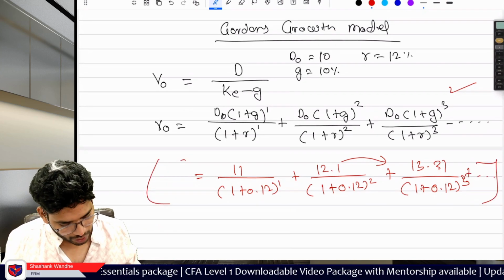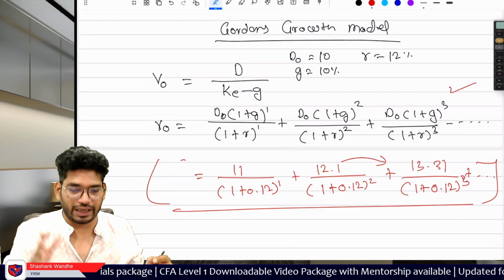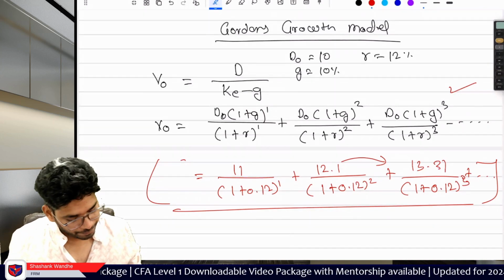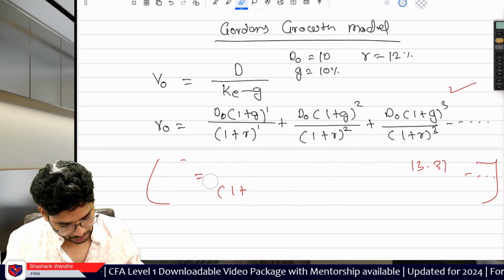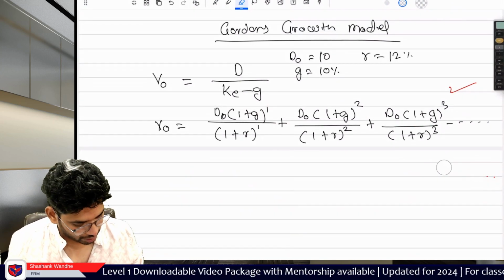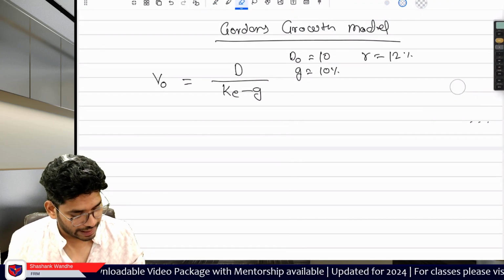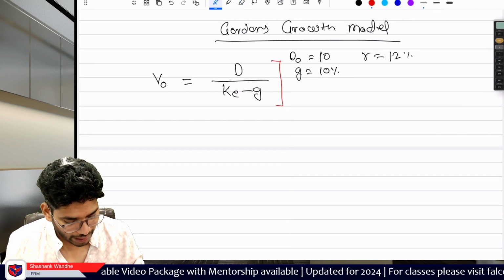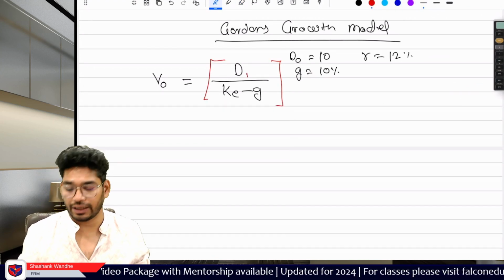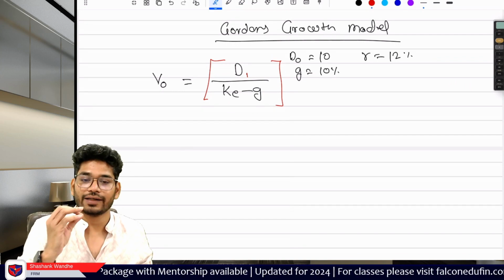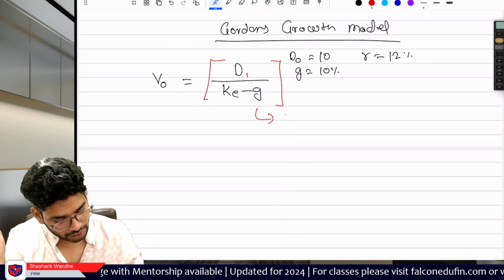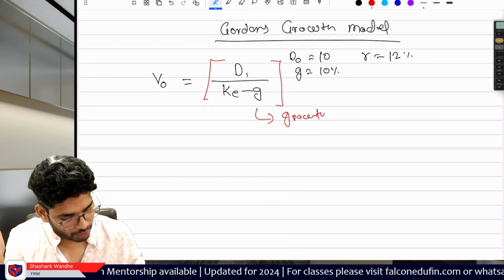So what Gordon did: instead of doing the calculation step by step, he used mathematics and converted these equations into a closed-form equation, where we now have D1 divided by KE minus G. G is the growth rate.